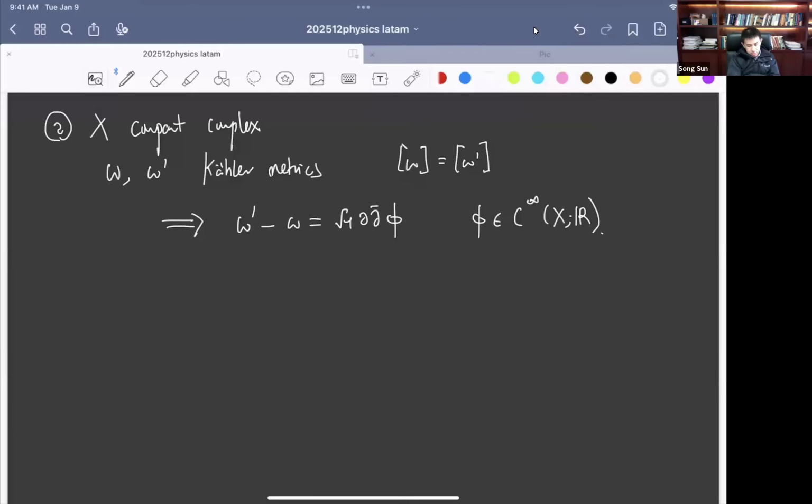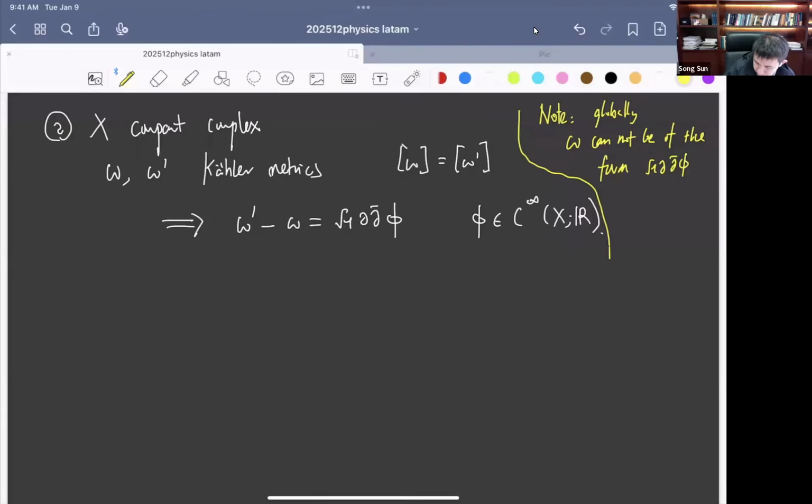Remember, locally omega is partial partial bar of phi, but if X is compact, globally omega cannot be of the form square root of minus 1 partial partial bar of phi.